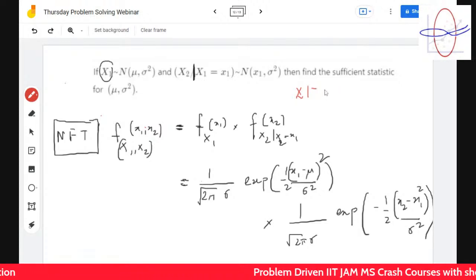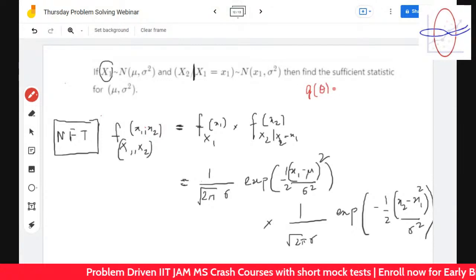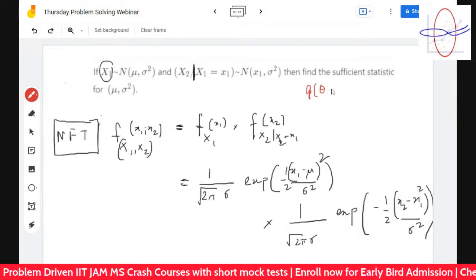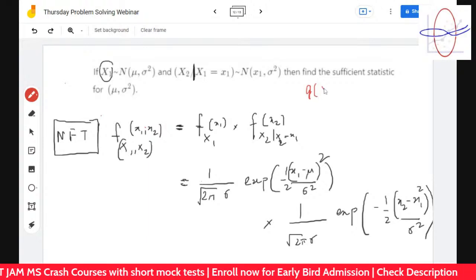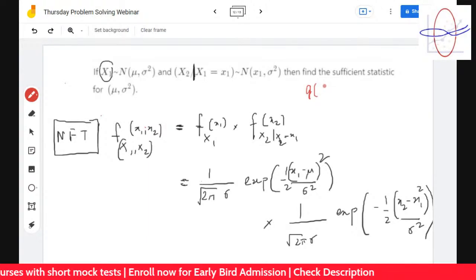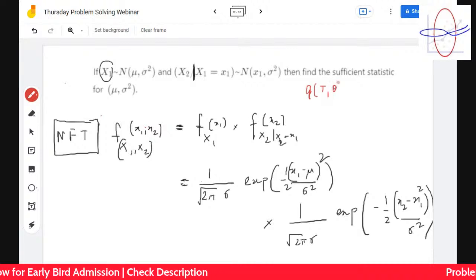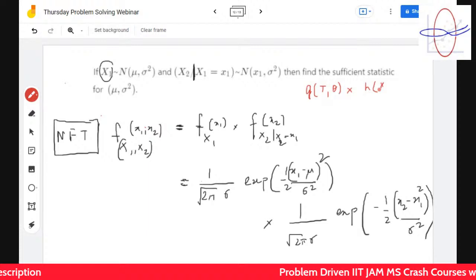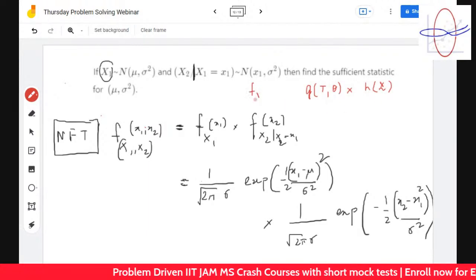So there will be one g of t comma theta, times another part which is just x bar, no theta. This is the joint distribution format.